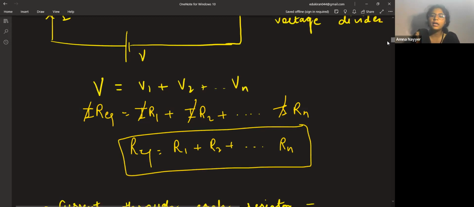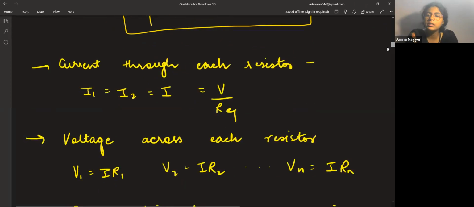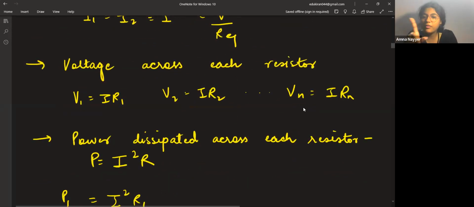If you have to find the current through each resistor, the current will be the same, through the first, second, third, any resistor. That is V divided by R equivalent, which is the same throughout the circuit. But voltages will be different: IR1, IR2, IR3, IR4, like this for every resistor.